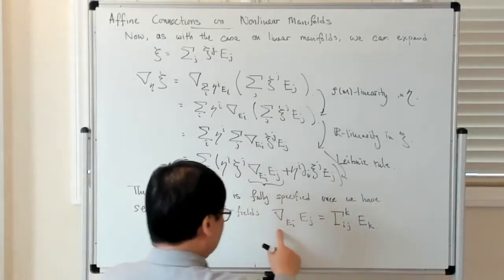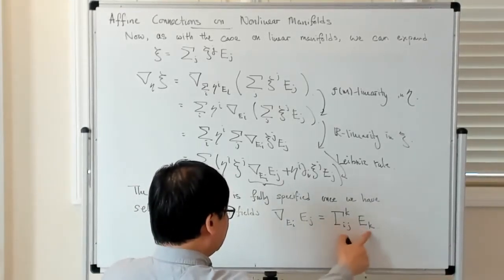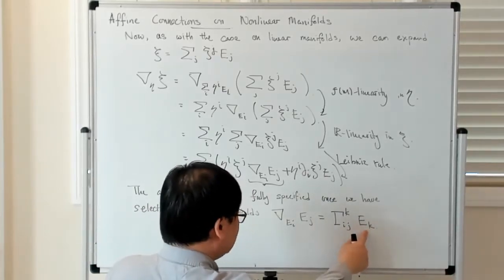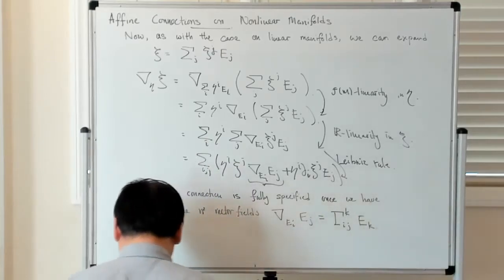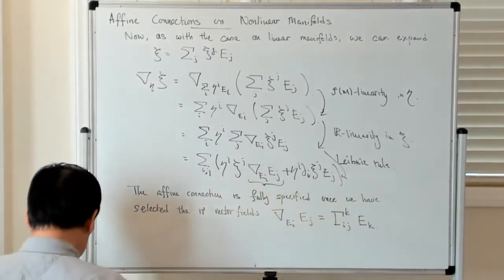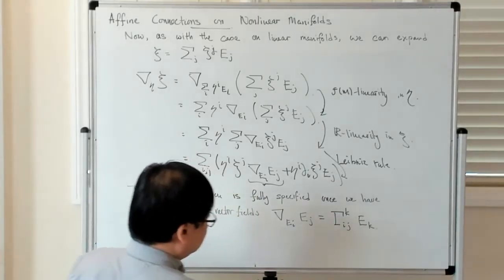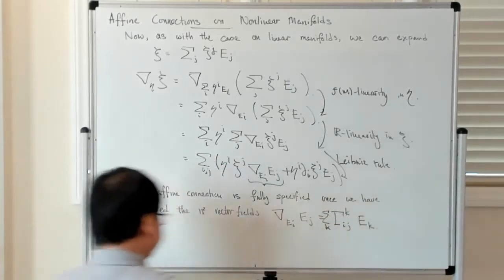Okay, so that's a vector. I'm going to expand that vector with respect to this basis at every tangent space, which comes from this i-th coordinate vector field. Okay, and yeah, so I should say there's a sum over k here, right?